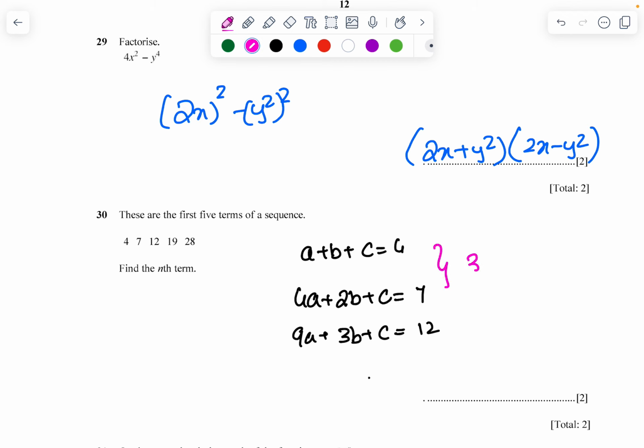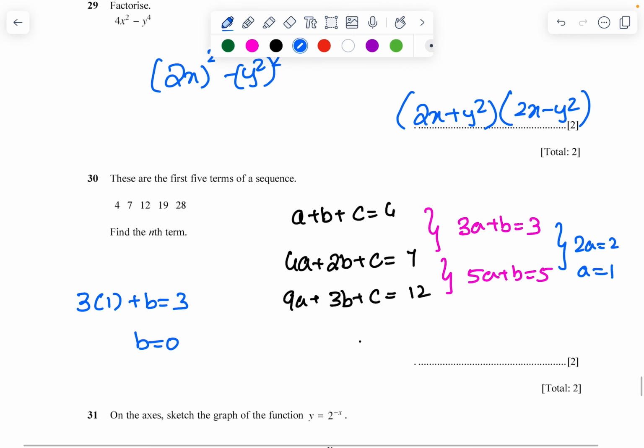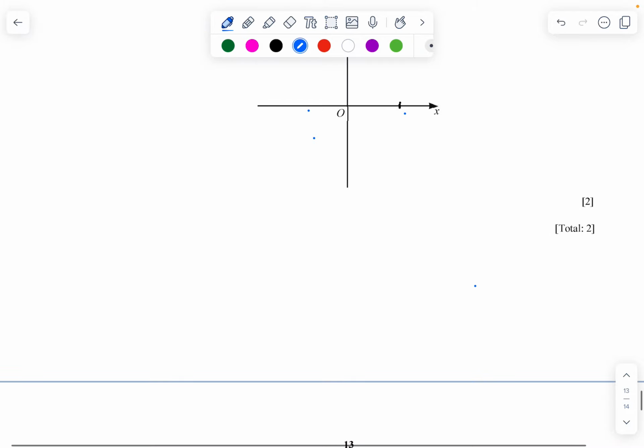Then subtract these both: 3a plus b equals 3, and subtract these both: 5a plus b equals 5. Then again subtract these both: 2a equals 2, a equals 1. Plug in a equals 1 in the first equation, so b equals 0. Then 1 plus 0 plus c equals 4, c equals 3. So what's going to be the answer? n squared plus 3.